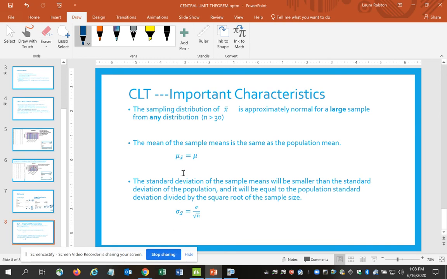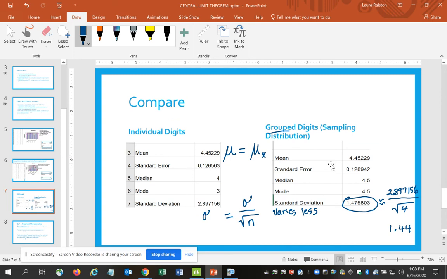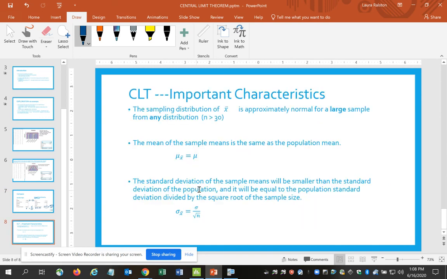The mean of the sampling distribution will be the same as the original mean. And I just proved that to you here. We saw the numbers. The mean of the original is equal to the mean of the sampling distribution. And finally, the standard deviation of the sample means will be smaller than the standard deviation of the population.